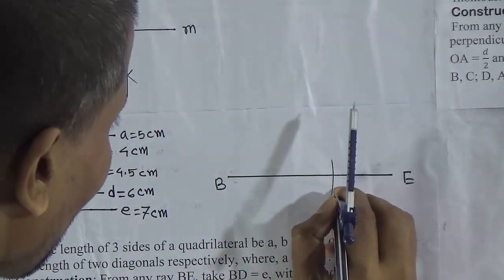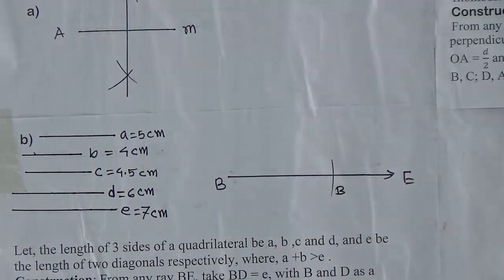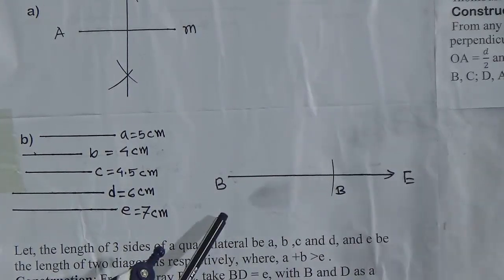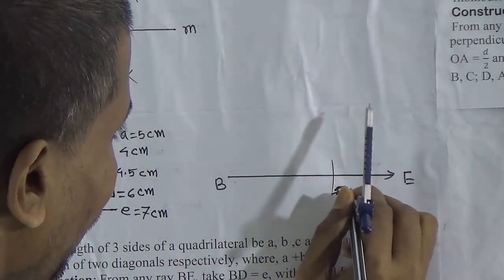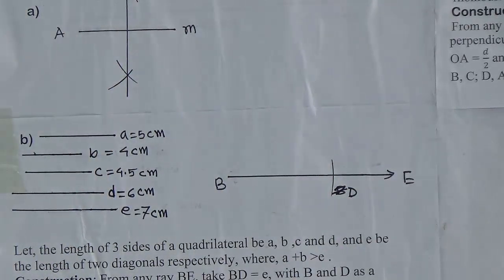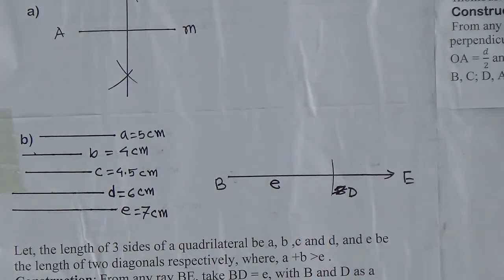This is BD. What I got? Listen, what I got. At first, we take any ray BE. From BE, we cut BD equal to e. This is e. e equal to 7 centimeter.